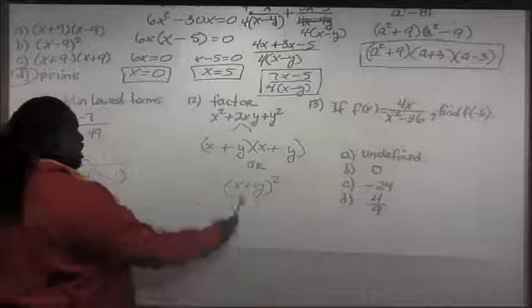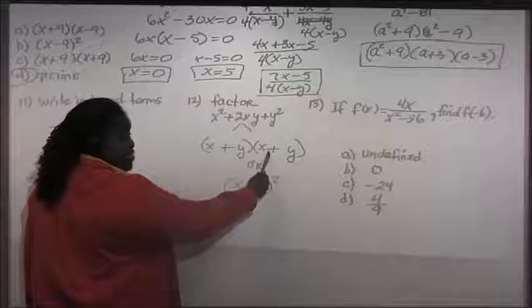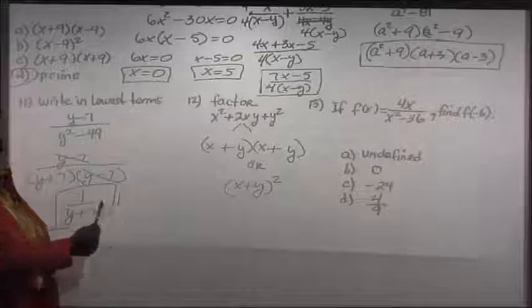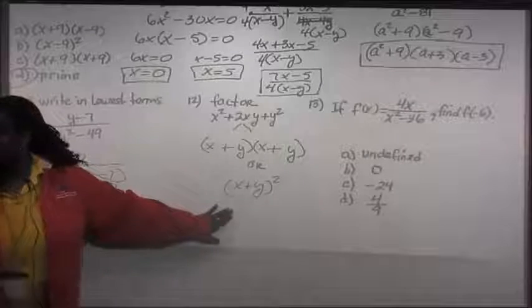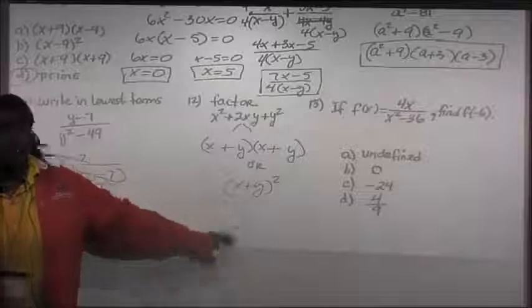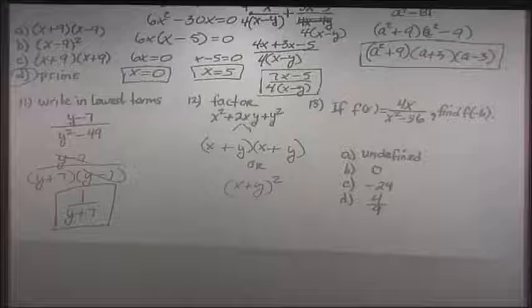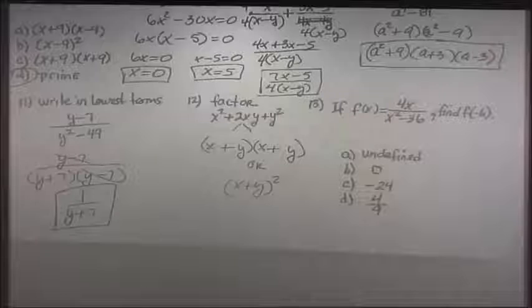But if you don't see the two written separately, they may have it written like this. So you'll know that you have two of the same thing. Make sense? Okay? But remember what we know. And again, if you don't really see it, FOIL it. Okay? FOIL is our friend.